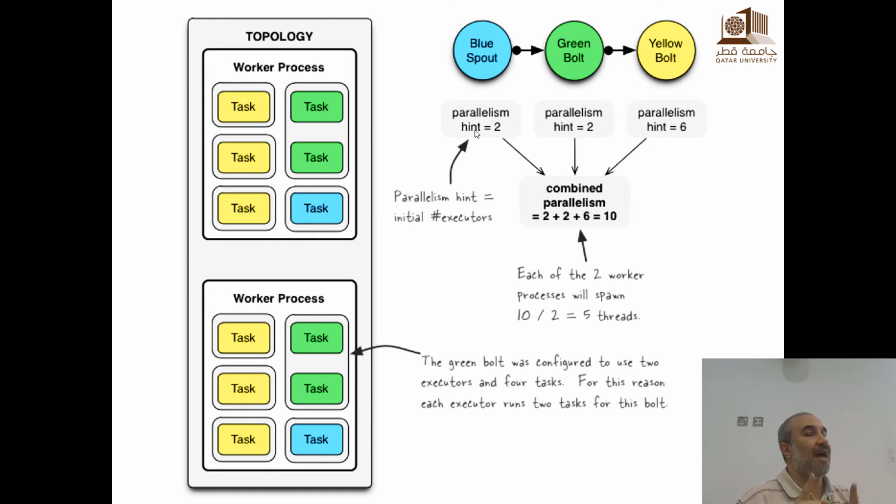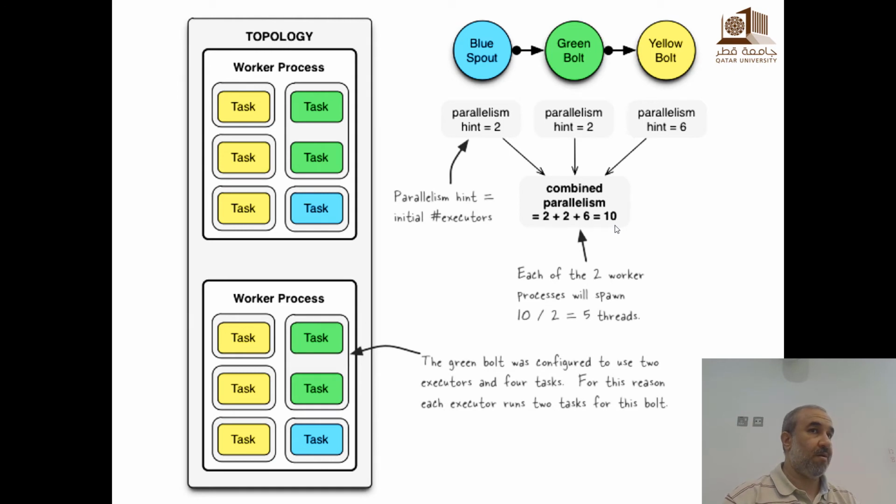And the API also provides a mechanism to indicate how many tasks per executor. If you don't, then it is by default one task per executor. So here, the parallelism hint for this one is 2, for this one is 2, for this one is 6. So the combined parallelism is 10. That means that we have to run 10 executors over the cluster for this topology.